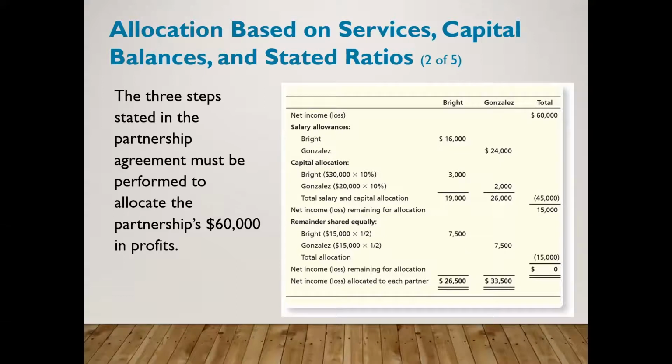As the partnership agreement specifies 3 steps, all 3 steps must be performed whenever the partnership allocates profits or losses. The partnership's net income for the first year is still $60,000, but the partners share profits based on services, capital balances, and a stated ratio.